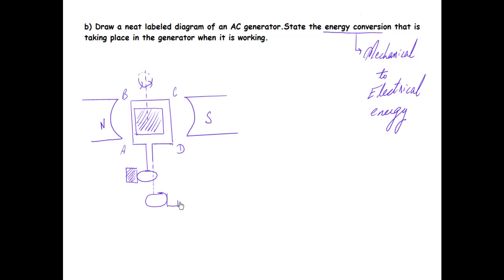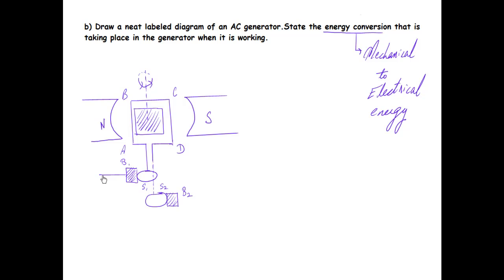So both these rings are attached to a carbon brush, and carbon brush is generally made up of graphite, and it is a good lubricant and at the same time a good conductor of electricity. So slip ring S1 is connected to carbon brush B1 and slip ring S2 is connected to carbon brush B2.